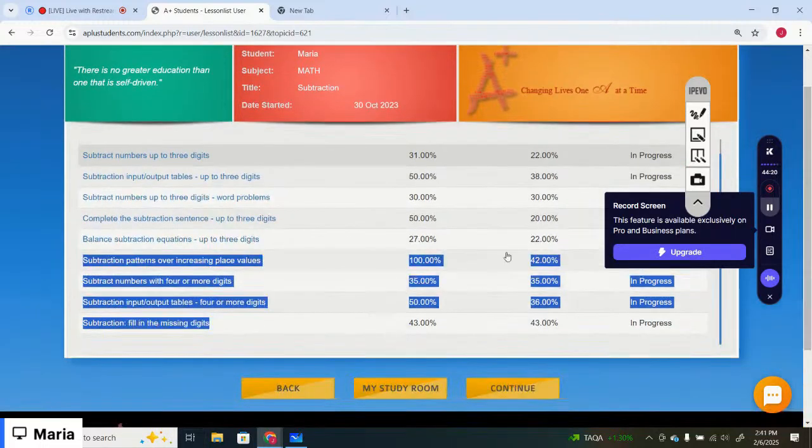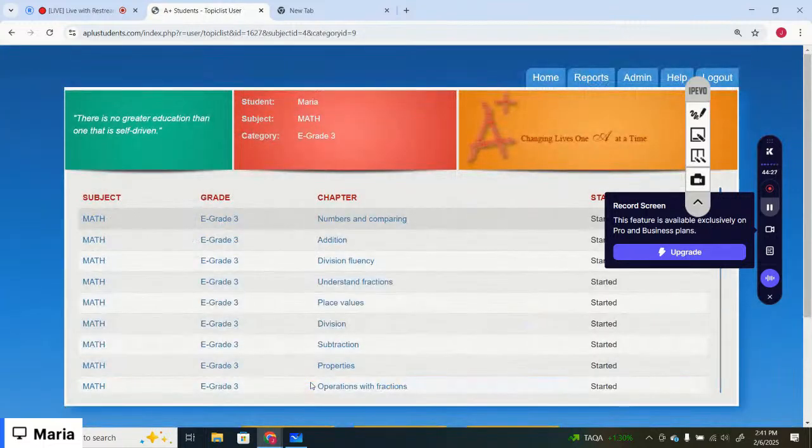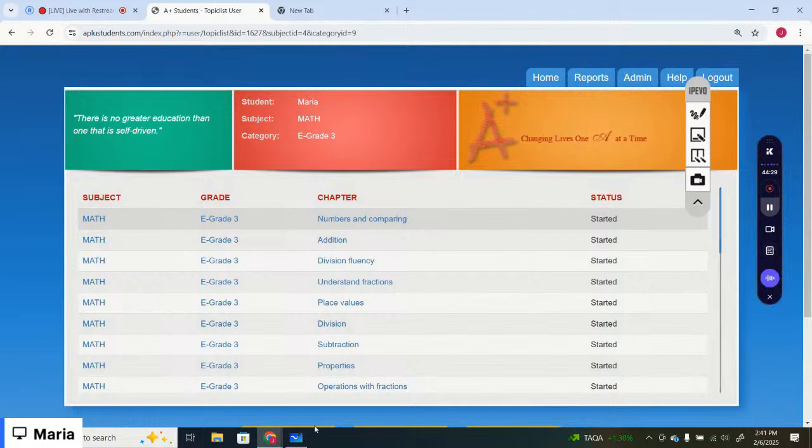So please make sure before the next session you can complete all the practice questions for the lessons we just did. That is your homework until next session.